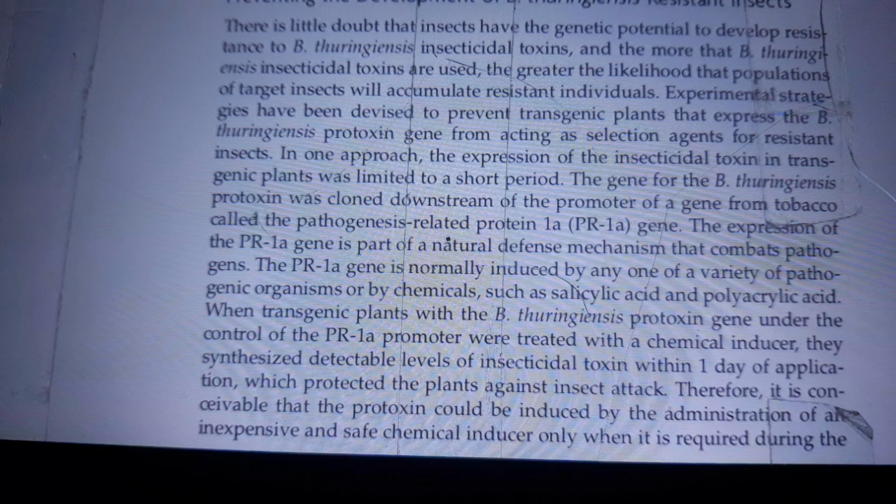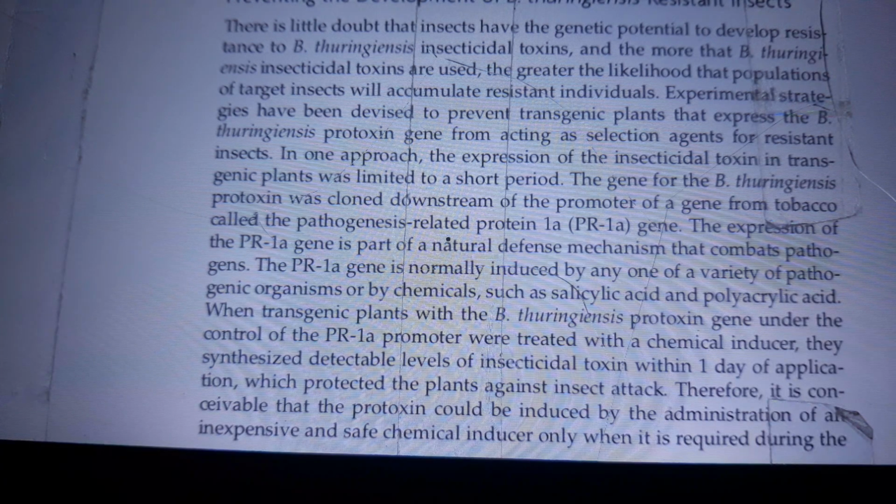Experimental strategies have been devised to prevent transgenic plants that express the Bacillus thuringiensis toxin gene from acting as a selection agent for resistant insects. In one approach, the expression of the insecticidal toxin in transgenic plants was limited to a short period.